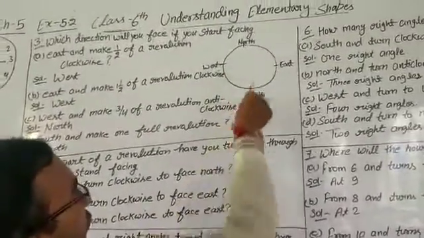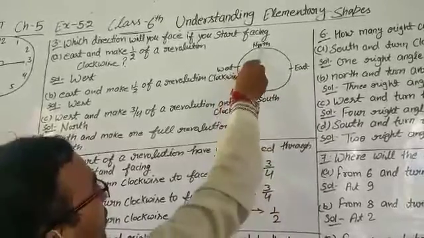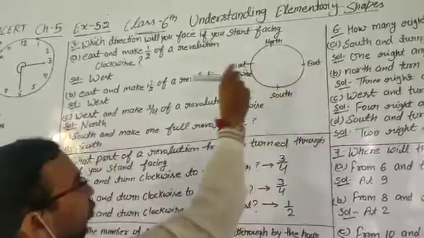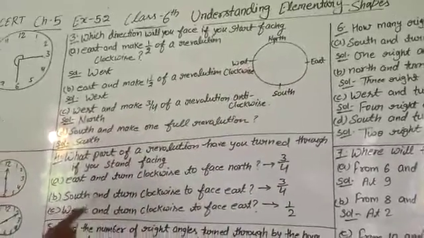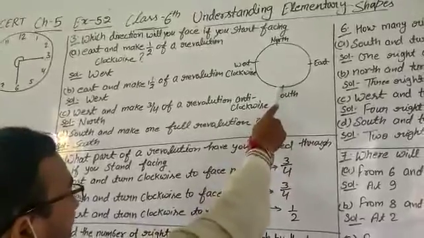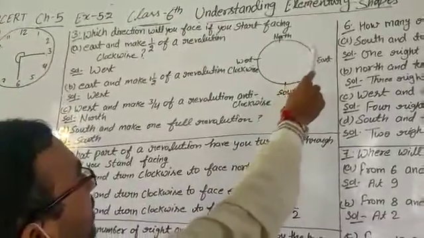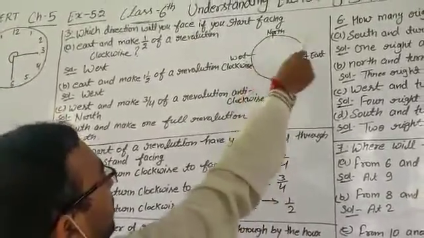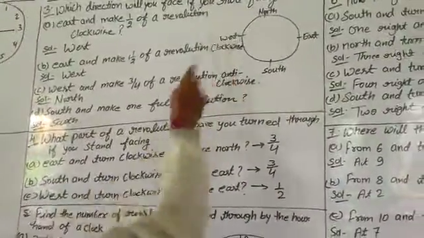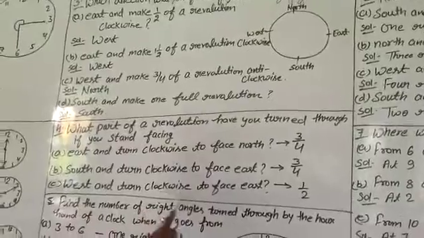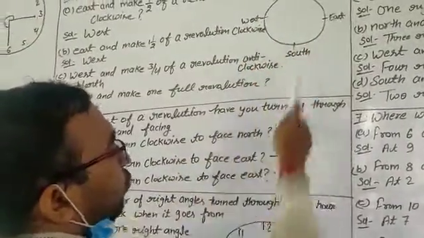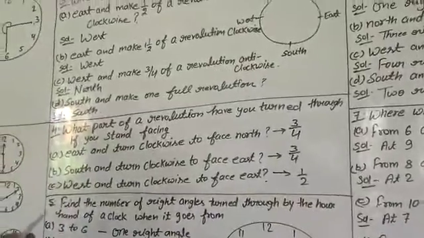So east to north clockwise, 1 2 3, so 3/4. The total round is 4 right angles, so 3/4. Next, south and turn clockwise to face east: 1 2 3, 3/4 again. Next, west and turn clockwise to face east, that is 1/2, half.